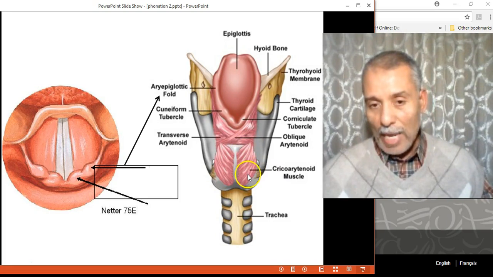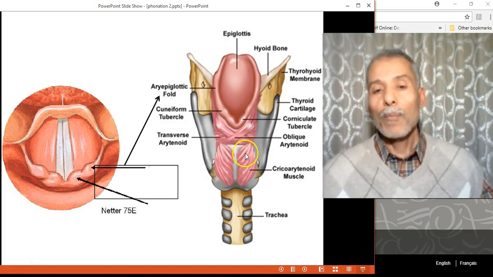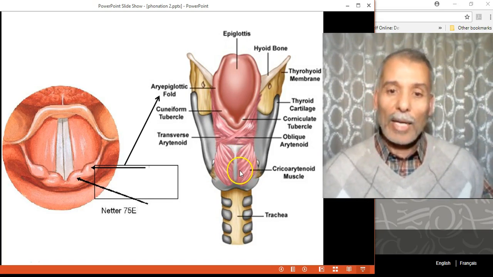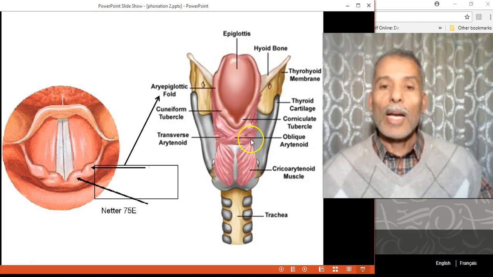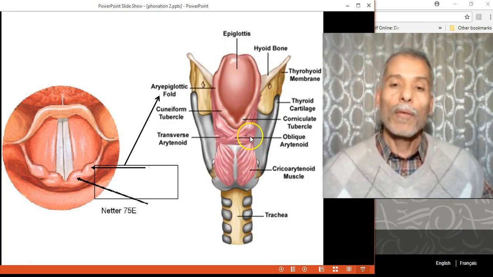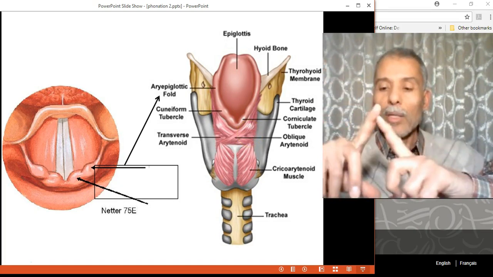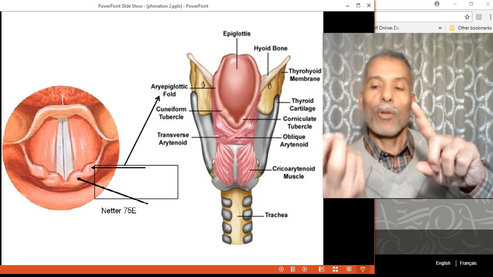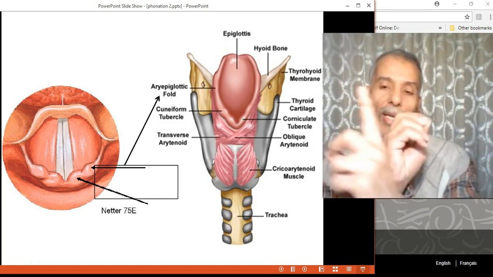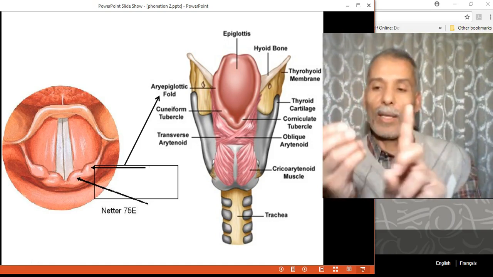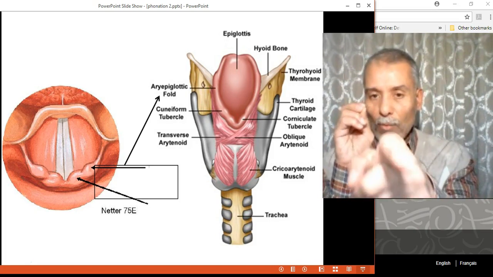It originates on the posterior lateral lamina of the cricoid cartilage, and it courses laterally and superiorly to attach to the muscular base of the arytenoid cartilage. When you have a pyramid like this, it attaches on the lateral tip of that pyramid, and when it contracts, it swings it away, because each arytenoid is connected to a vocal fold.